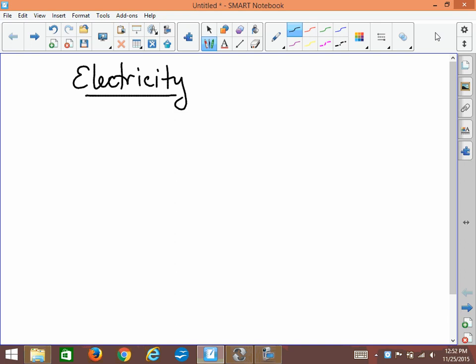What is electricity? Well, it all comes down to the tiny little particle that shares the same name, which is the electron. It basically means the electric particle. And the electron is the guy who is responsible for many of the phenomena that we see that we call collectively electricity.